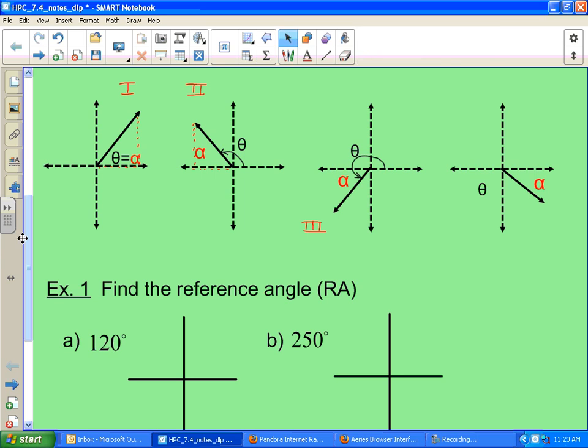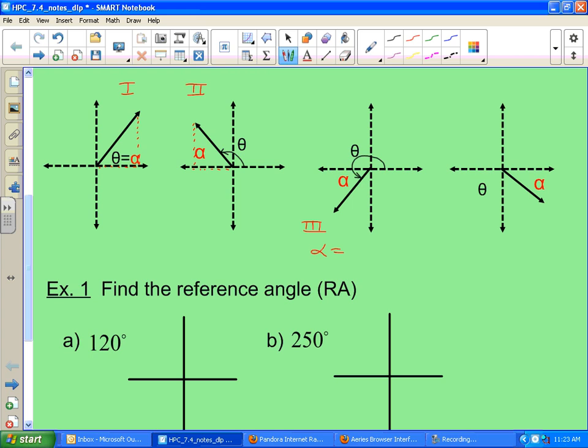If we're trying to write a rule for the reference angle, how would I find that? Well, 180 is involved, but I'm not adding 180 to it. I'm actually subtracting 180 from something else. What am I subtracting it from?